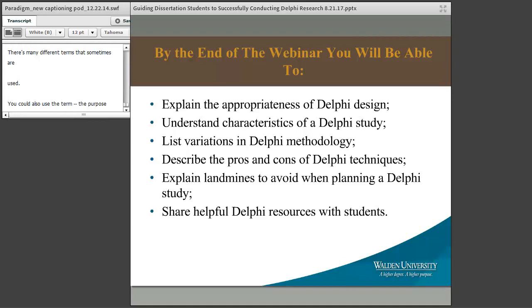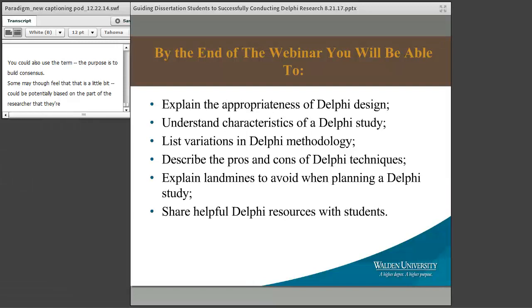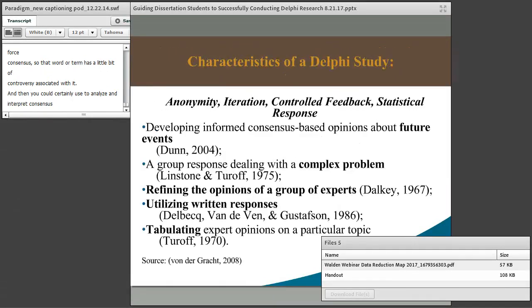Some may, though, feel that that is a little bit biased, could be potentially biased on the part of the researcher, that they're attempting to kind of force consensus. So that word or term has a little bit of controversy associated with it. And then you could certainly use to analyze and interpret consensus. Absolutely.